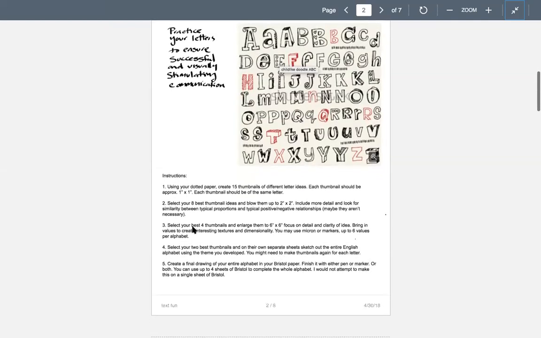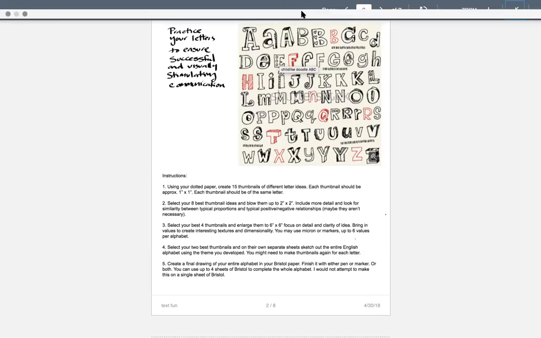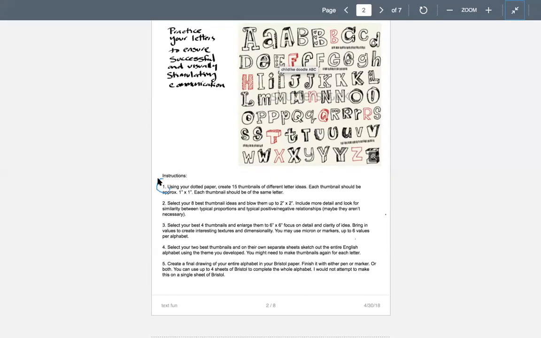Then you're going to select your 4 best thumbnails, enlarge them to 6x6, and focus on detail and clarity of idea. Bring in values to create interesting textures and dimensionality. Use micron, use markers, up to 6 values per alphabet total, but a minimum of 2. And so here in this first one, you're only using the same letter, and then quickly in step 2, you start exploring different letters because you're exploring proportions and positive and negative relationships that can switch between different letters.